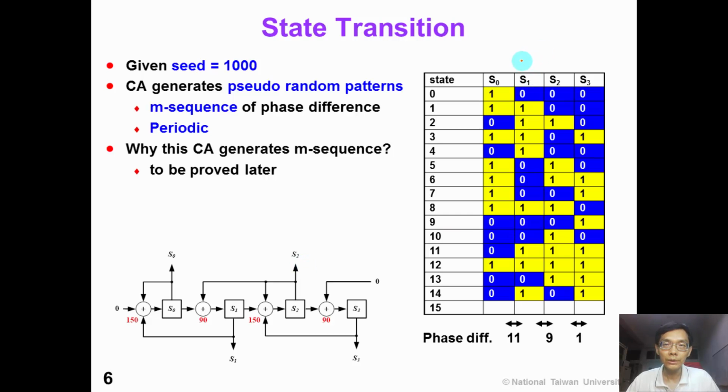This table shows the state transition of the 90-150 cellular automata. Starting from the seed 1, 0, 0, 0, we can produce the next cycle.